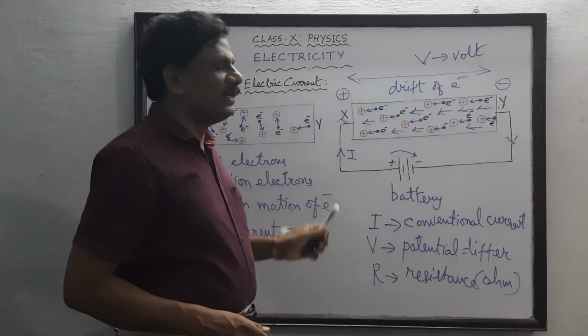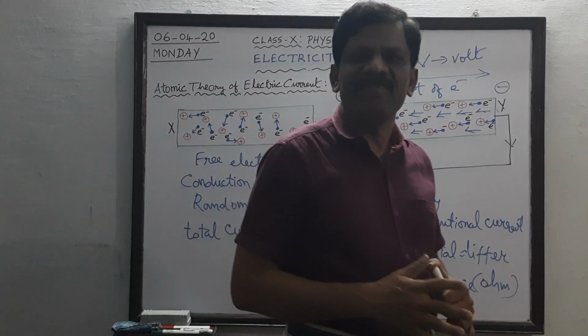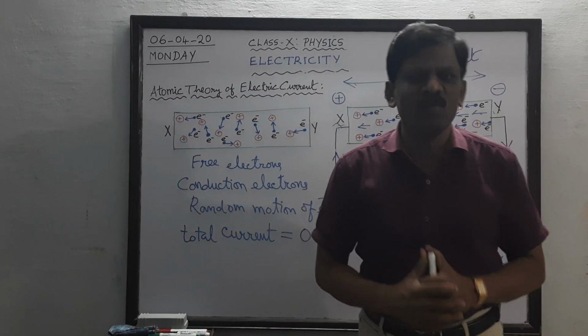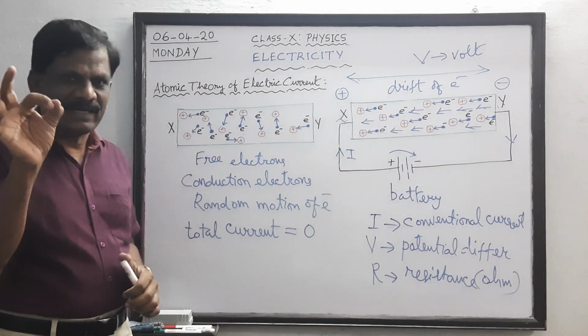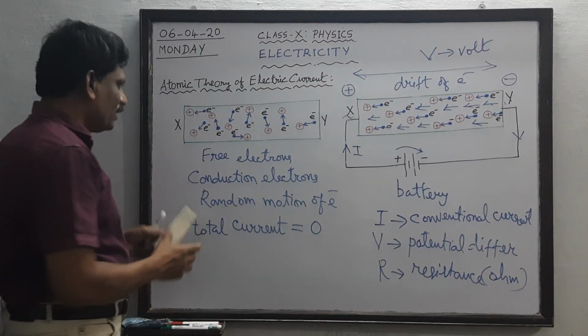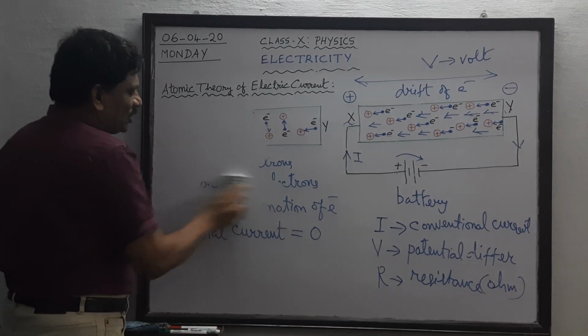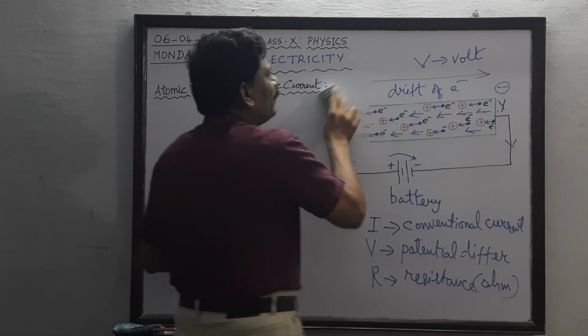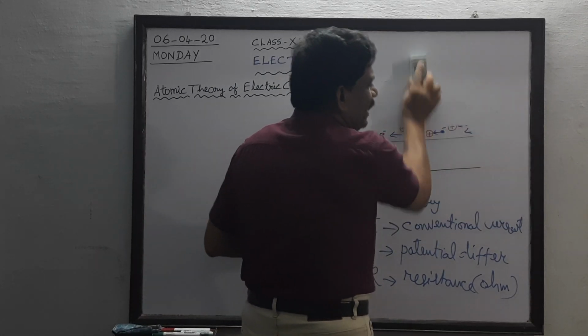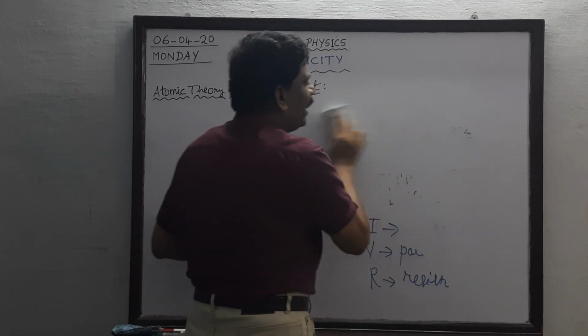Okay. So did you all understand the atomic theory of electric current, students? Hope you must have understood. Now we are going to define what electric current is in a precise manner. So electric current is actually due to the flow of the free electrons from the lower potential towards the higher potential of any electrical conductor.